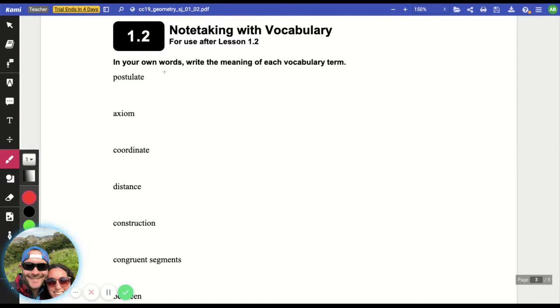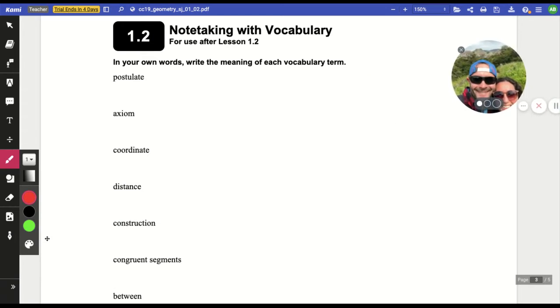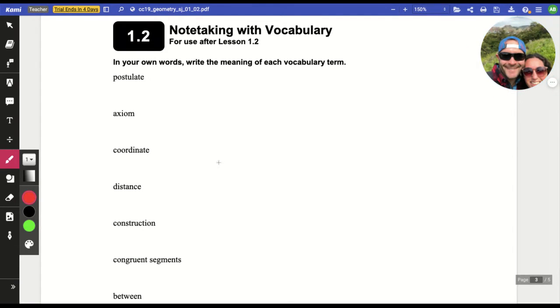A postulate and an axiom. I think it's important you at least recognize what they are. These are words that are used a lot in mathematics. I'm not going to say too much about them because personally I don't feel like they're the most important things in the world, but you might hear them come up.